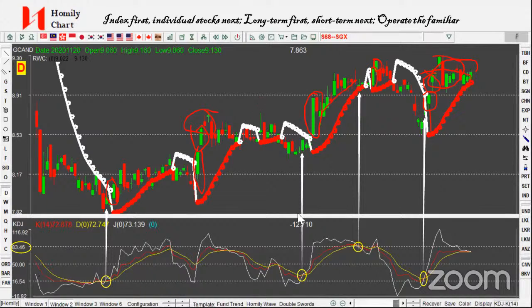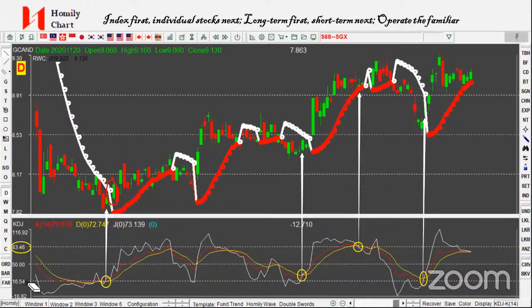Let me remove the drawings here. Then if we check KDJ, of course, pay attention to the overbought value 80 and also the oversold 20, right?